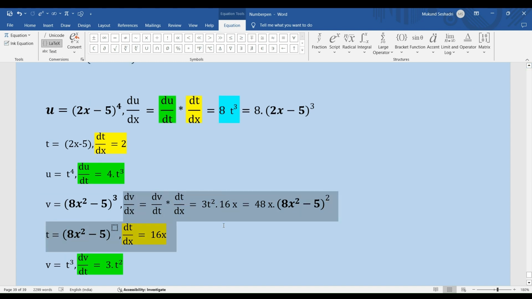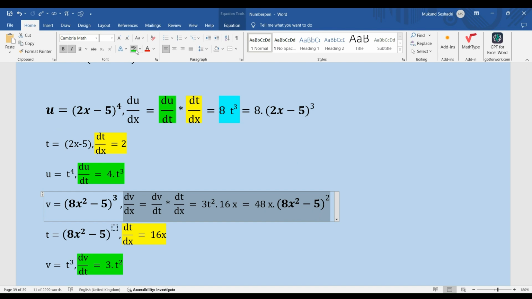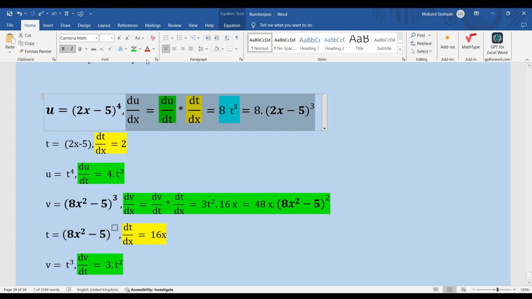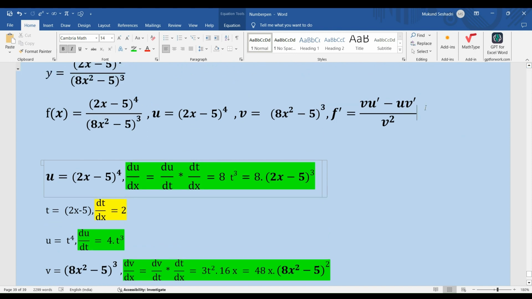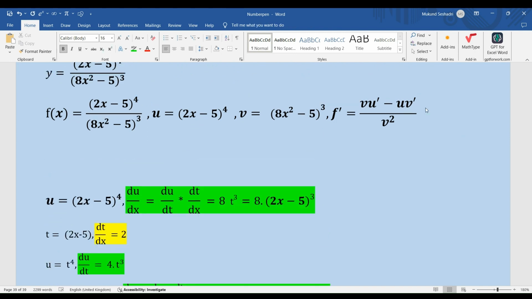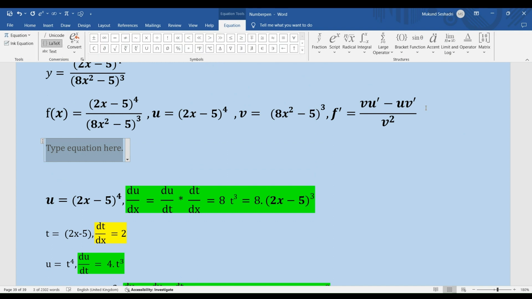So what is my dv by dx is nothing but the v dashed which I have in my quotient rule. So I have my dv by dx, I have my du by dx, right? So let's write that above. I go back to my quotient rule. I'm going to write what is my u dashed and v dashed, right?